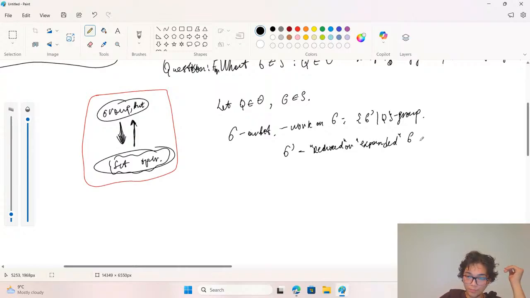And reducing and expanding already brings, naturally, the notion of homology or cohomology to measure how much we expand it and how much we reduce it.